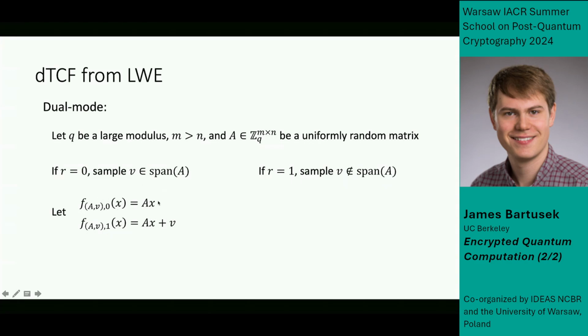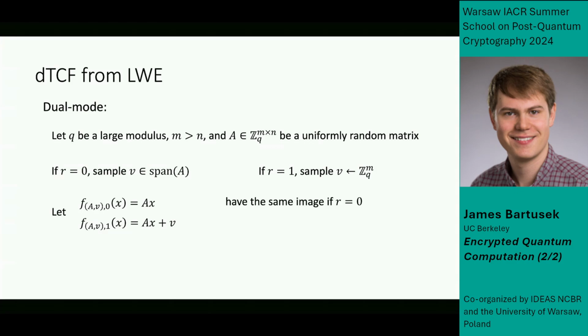In that case, the image of the 0 function is just the column span of A. The image of the 1 function is some shift of the column span, right? And because of the dimensions, sampling some random V outside of the span of A is essentially just sampling a random V, since the column span of A is going to be a very small component of the entire space, right?